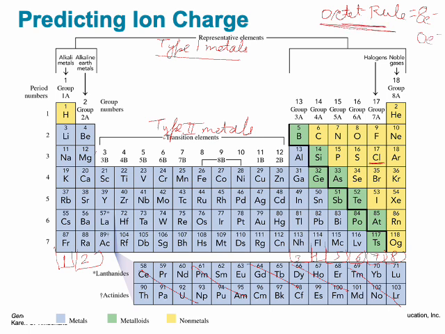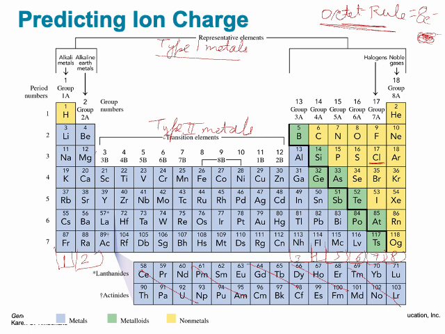So the octet rule says it wants to have 8 electrons in the outermost shell all the time. Forget about this 0. According to the octet rule, every atom in this periodic table wants to have 8 electrons in its outermost shell.